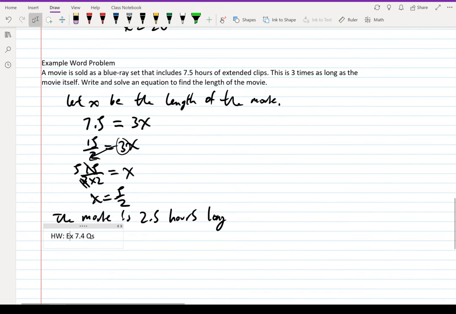Homework will be exercise 7.4. Actually, let's just do all the odd questions from 3 to 21. That's 3, 5, 7, 9, 11, 13, 15, 17, 19, 21. That's exactly 10 questions.